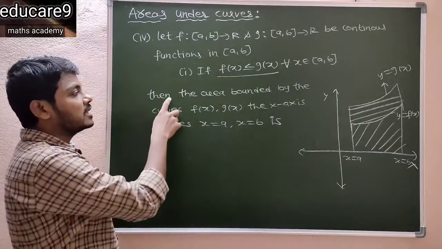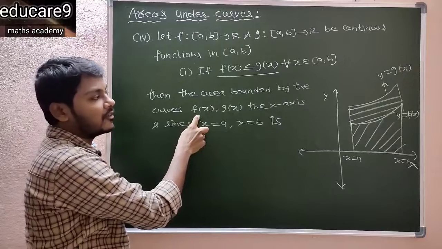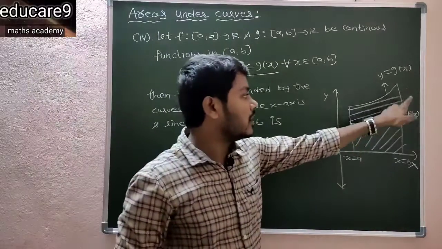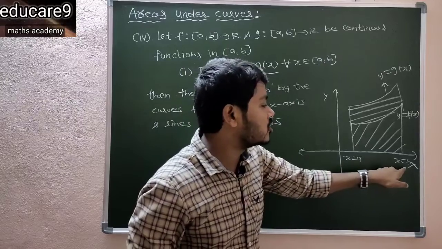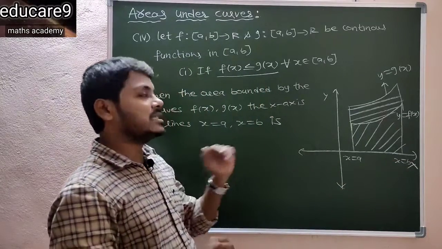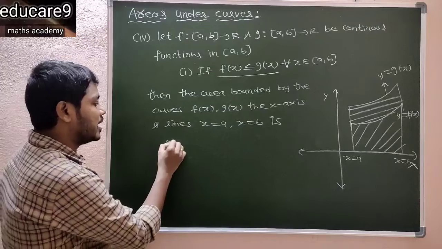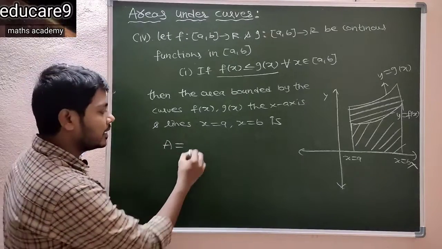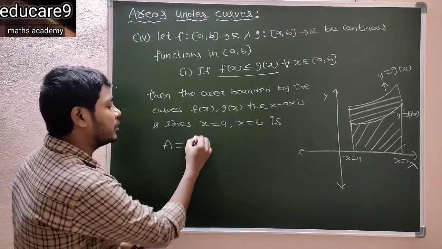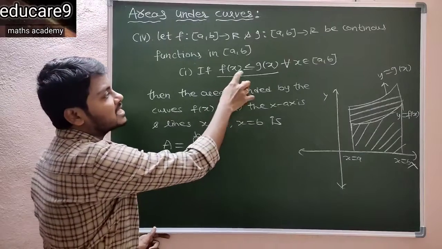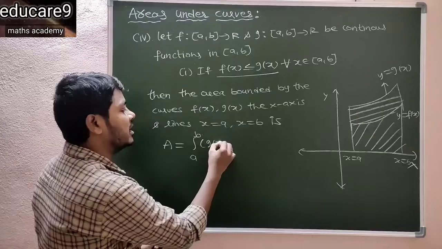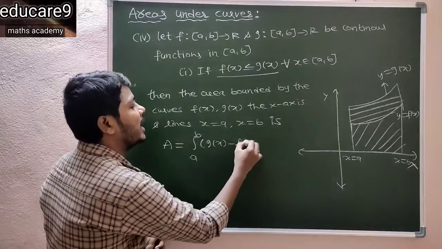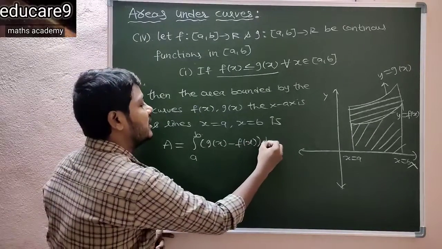So in that case the area bounded by the curves f of x, g of x and the lines x is equal to a, x is equal to b and the x-axis is given by A is equal to, see here, integral a to b. Here f of x is less than or equal to g of x, so we have to write g of x first minus f of x dx.